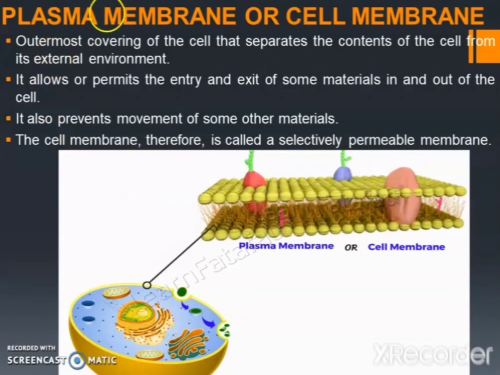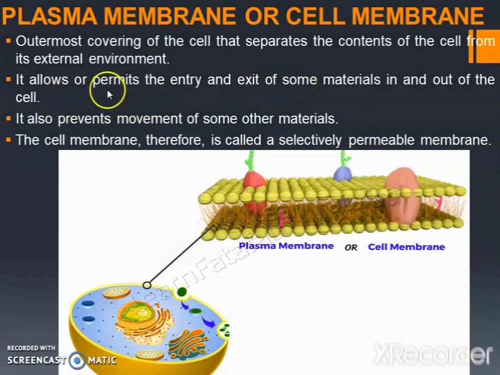And what is the function of the plasma membrane? It allows or permits the entry and exit of materials in and out of the cell. The plasma membrane, the outermost covering of the cell, has spaces which allow entry of very limited substances.